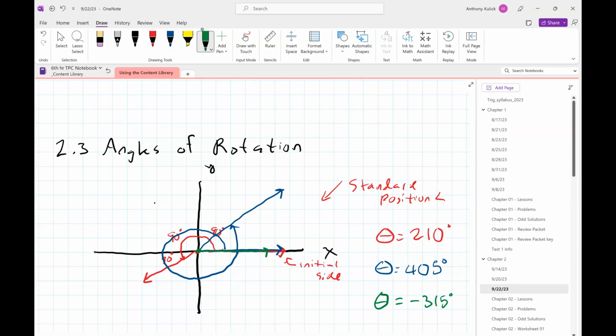Spin the other way, exactly right. Instead of spinning counterclockwise, we'll spin clockwise. So if I do that, I have negative 90, negative 180, negative 270, and then negative 315 would be right there. Is everybody feeling okay here?